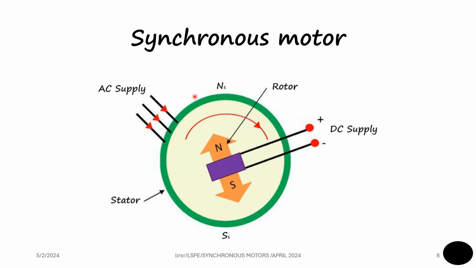In this case, it is shown as equivalent to two poles marked as Ns and Ss to represent that it is the stator's pole. Ns is north pole of the stator, Ss is the south pole of the stator, whereas the poles of the rotor are marked simply as N and S.